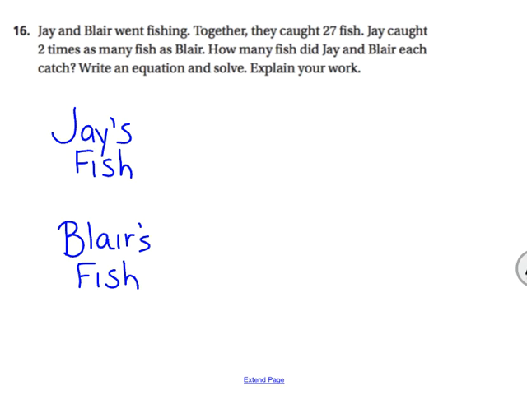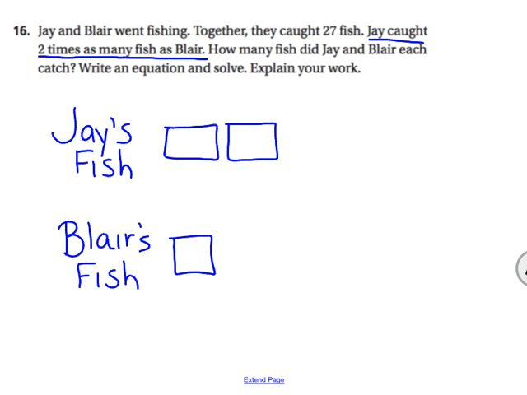Now that I have done that, I have to go to the sentence, and this is very important, that helps me to draw the bars. And the sentence that helps you to draw the bars is Jay caught 2 times as many fish as Blair. So now I know that Jay gets the 2 bars. So now I will draw 2 bars next to Jay's name. And Blair, of course, just gets 1 bar.